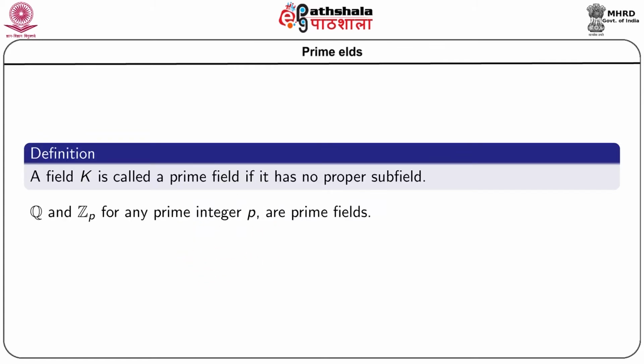We call such fields prime fields. Thus, formally a field K is called a prime field if it has no proper subfield. Thus, Q and Zp are prime fields for any prime integer p.